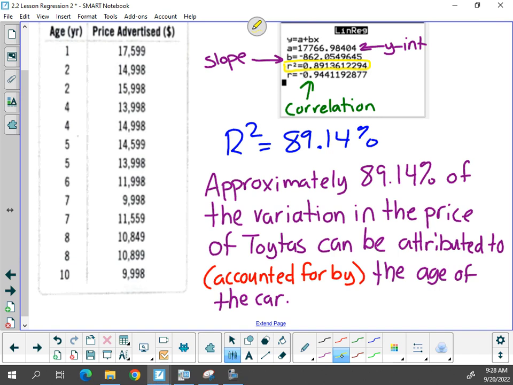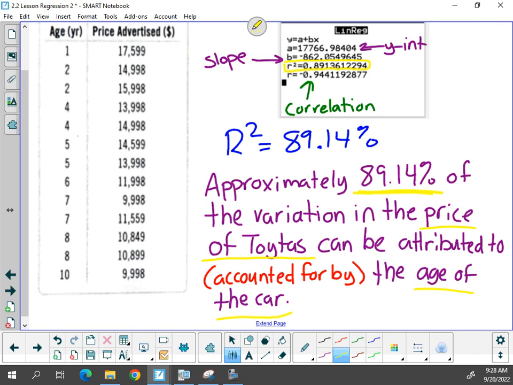And so this can be sort of a plug-and-play situation. If you like formulas, we can write essentially the same thing every time. Fill in the blank there with r squared. Fill in the blank there with your response variable. Fill in the blank there with your explanatory variable.